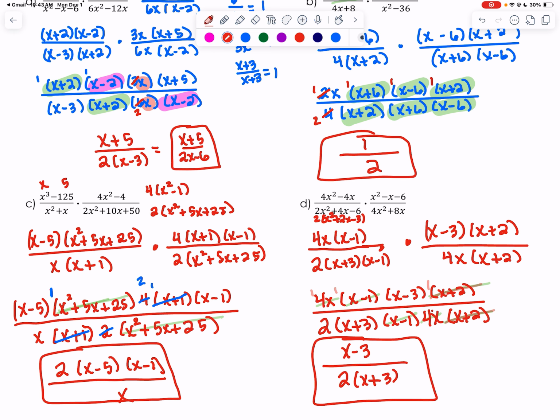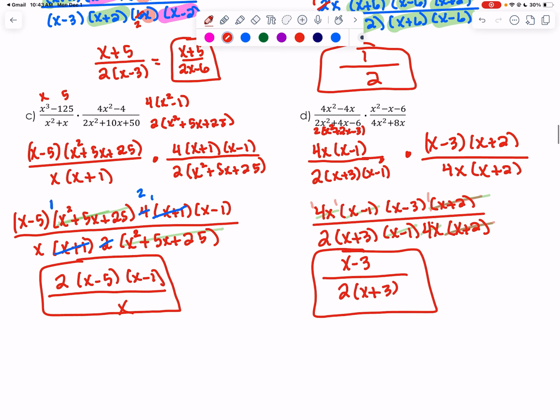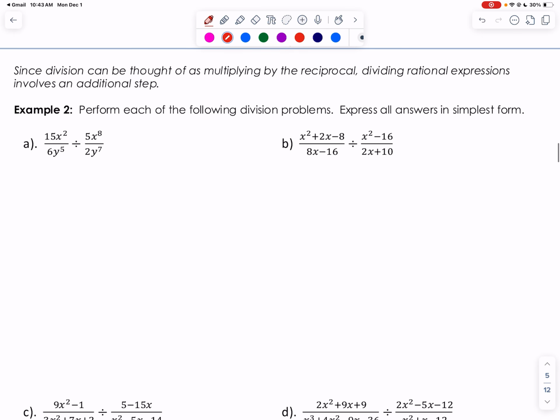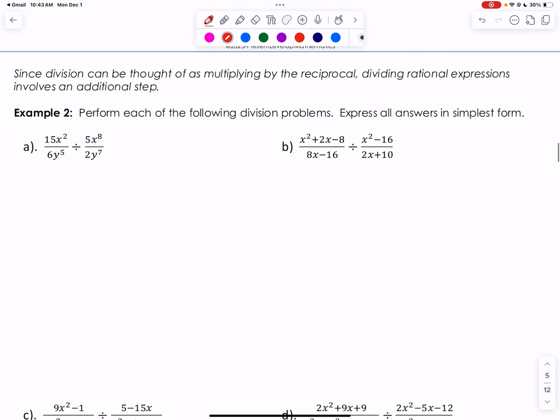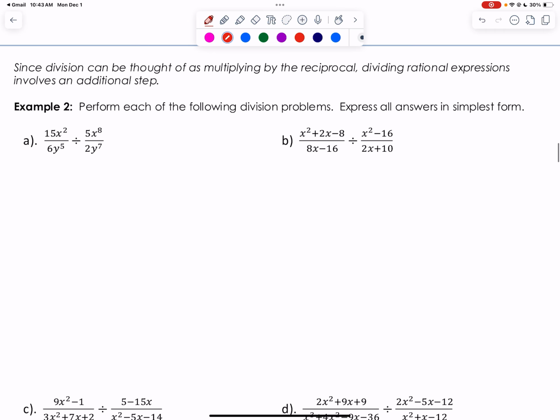Now, when we're dividing rational expressions, we have one extra step. Since division can be thought of as multiplying by the reciprocal, dividing rational expressions involves an additional step. When we divide with fractions, we simply multiply by the reciprocal.